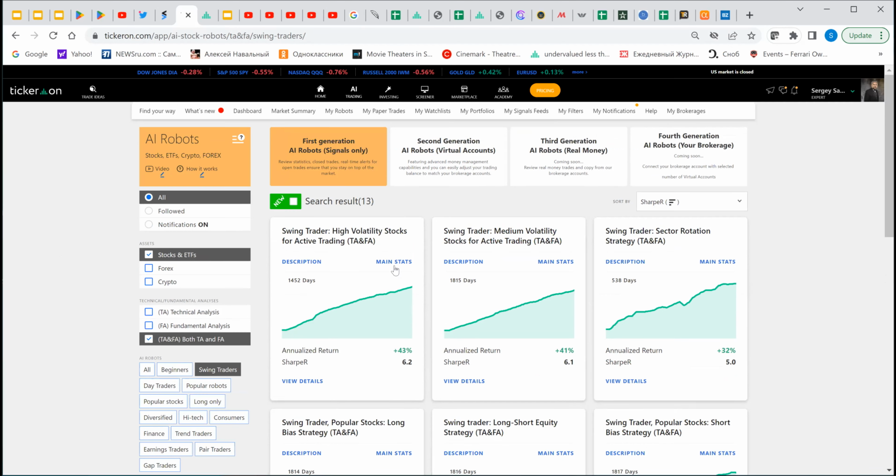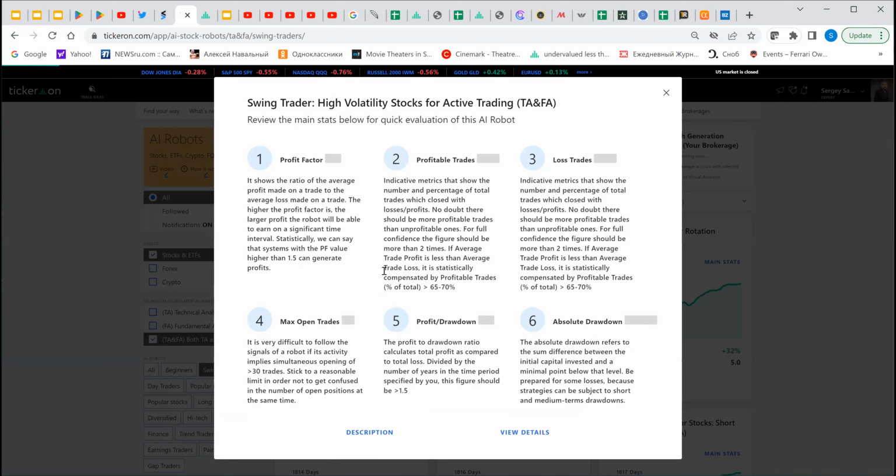So now let's look at these parameters. The main parameter when you are selecting a robot is the profit factor. And the second I would recommend looking at is open trades. You see why it is important for signals only, because it explains that the maximum open positions is 61.